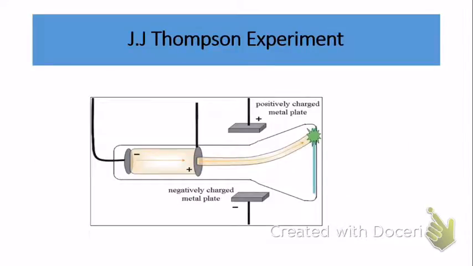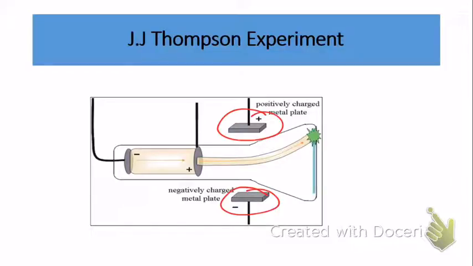Now, what J.J. Thomson is going to do that is so unique is that he's going to use magnets. He's going to use a positive magnetic field and a negative magnetic field. And he's going to place those two magnetic fields up against that cathode ray.